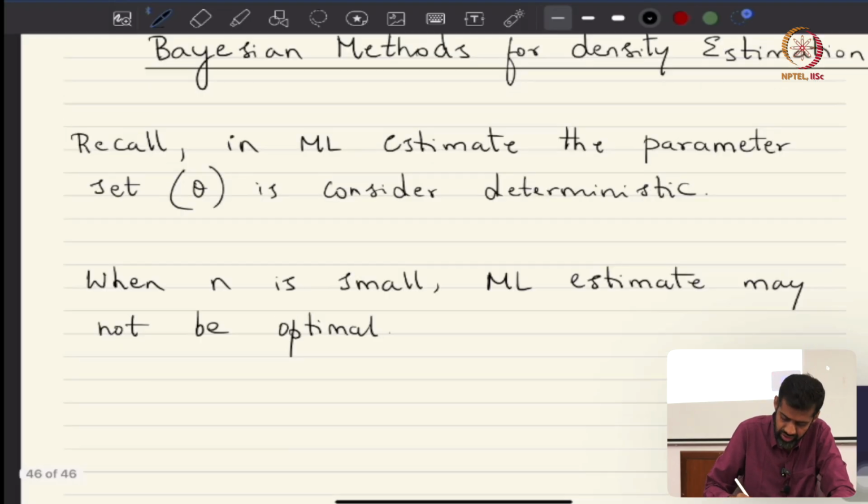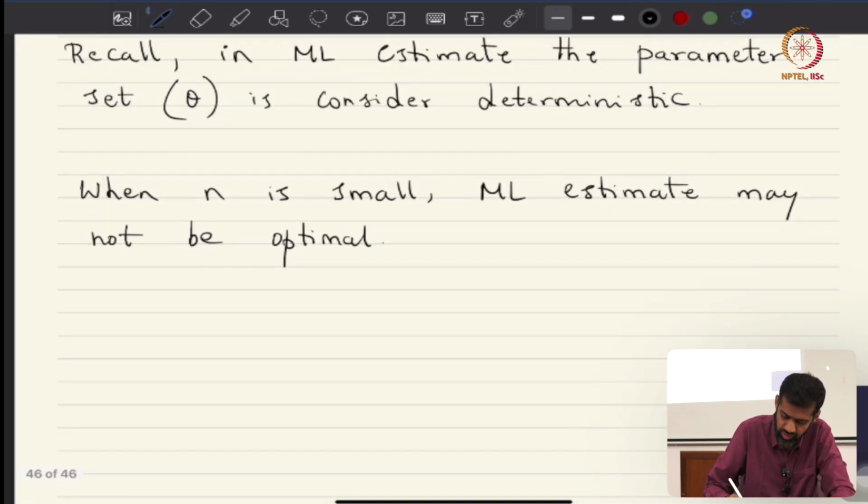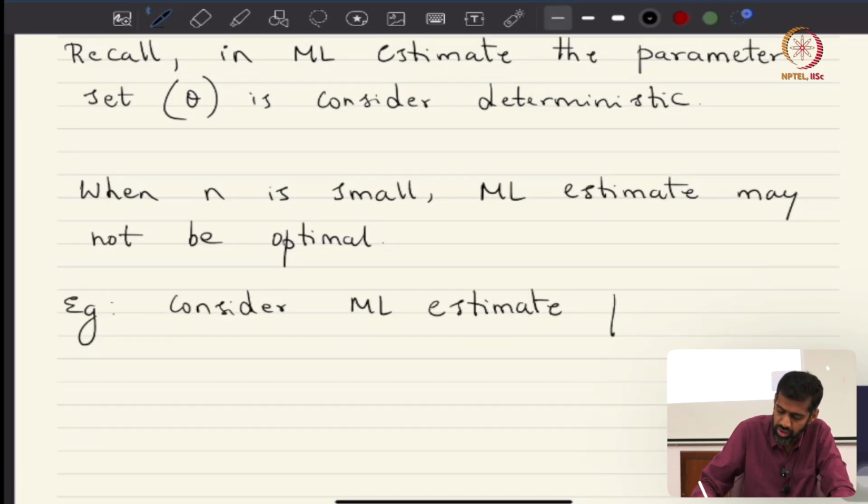Here is an example. As an example, consider the ML estimate for a Bernoulli random variable. Do you remember what the ML estimate is?